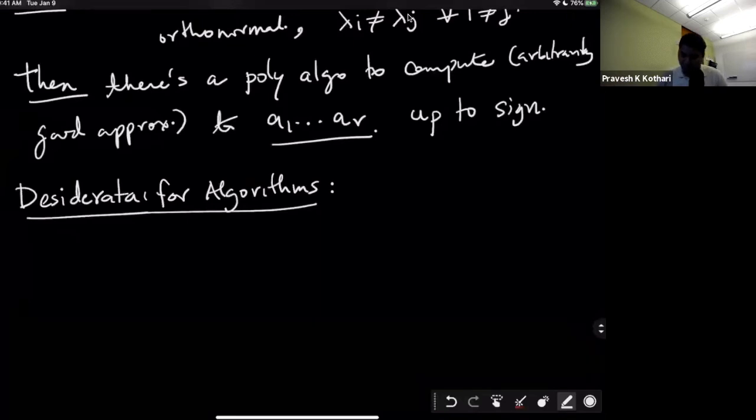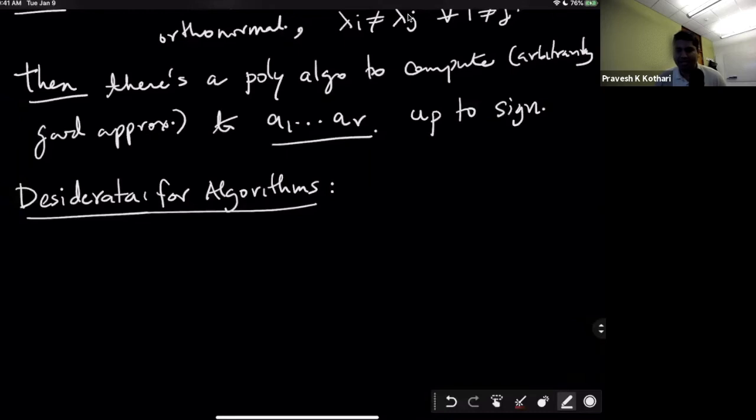So one thing you would want to demand from algorithms, especially keeping an eye on applications that your machine learning friends might have, is that you would want your algorithms to be somewhat robust. What do I mean by that? Well, this word robust is of course extremely overused and means different things in different contexts.